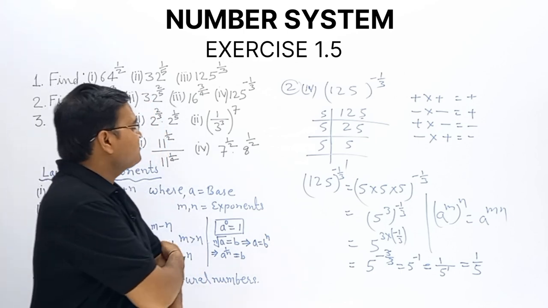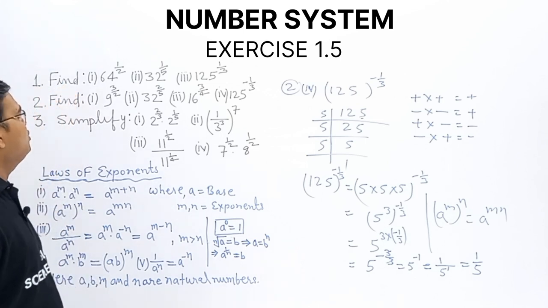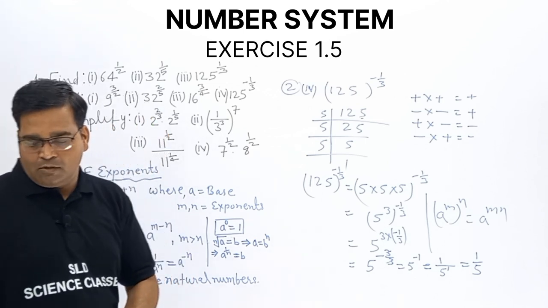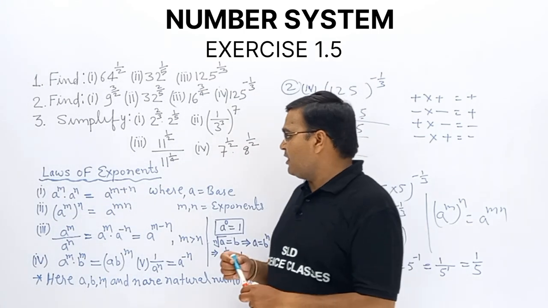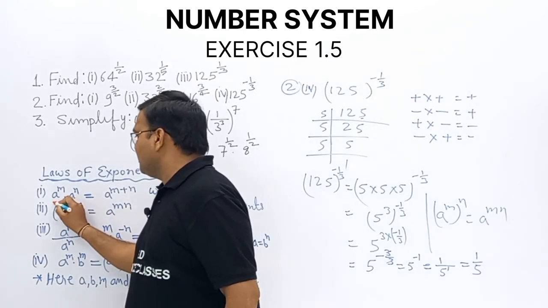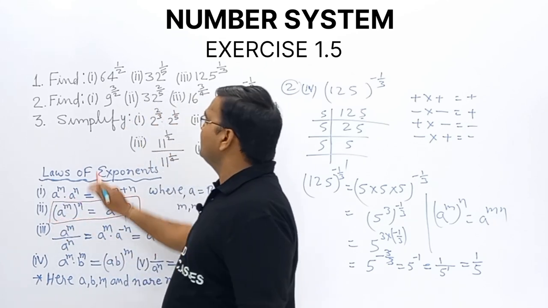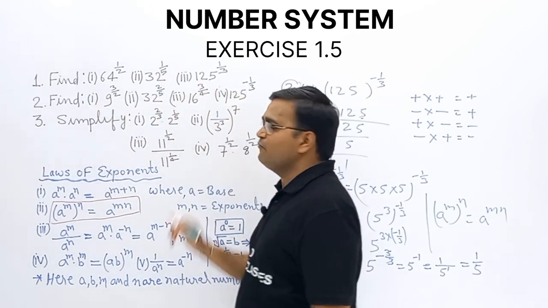Are you getting it? In question number first and question number 2, we used only one law of exponents. Question number first has 3 questions and question number 2 has 4 questions.